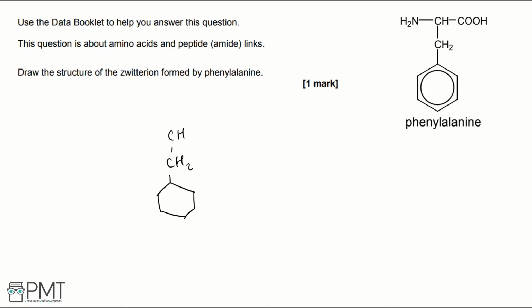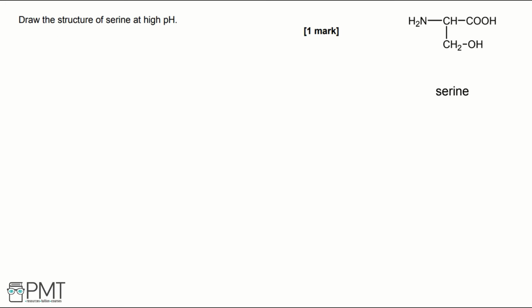And then we need to make our zwitterion, so COO minus and NH3 plus. So this is our zwitterion, and to get the mark for this question, you must have the complete zwitterion correct. Draw the structure of serine at high pH.